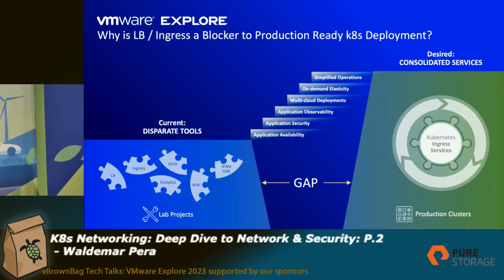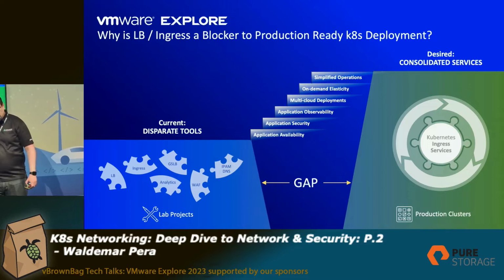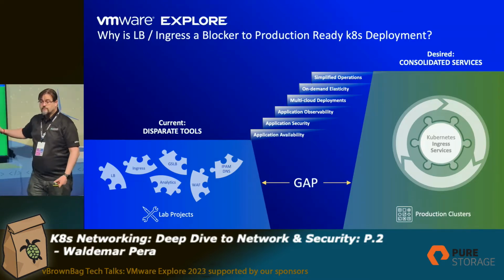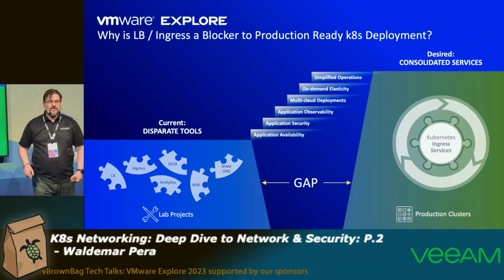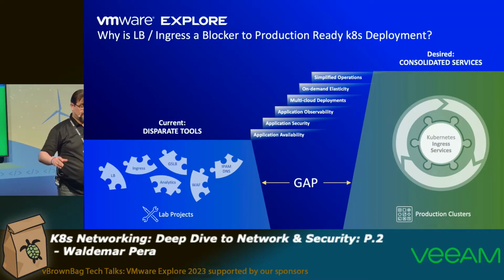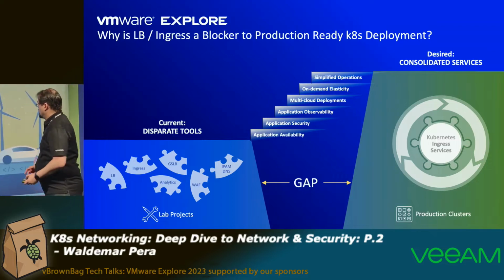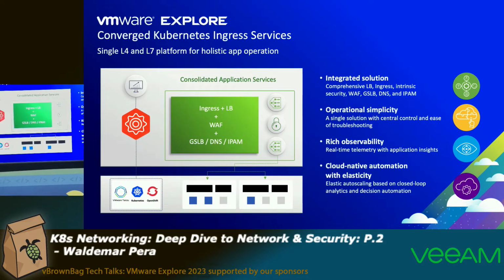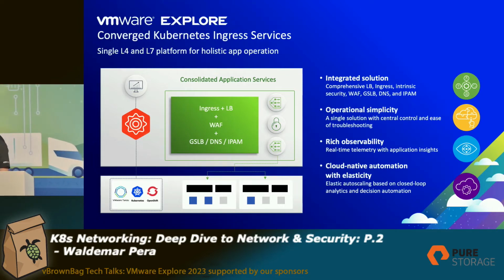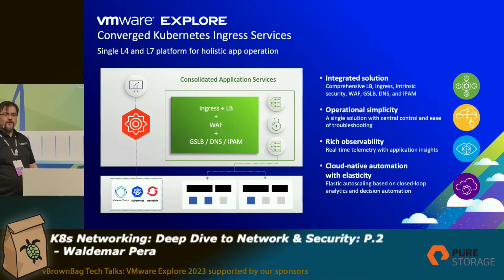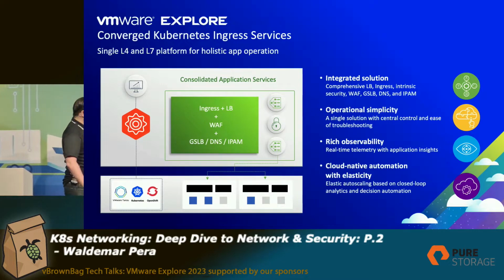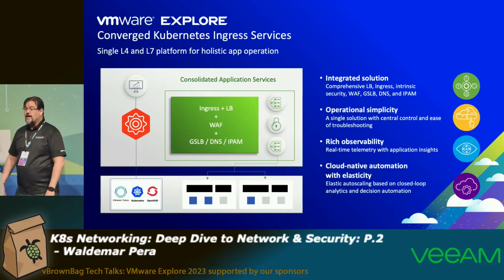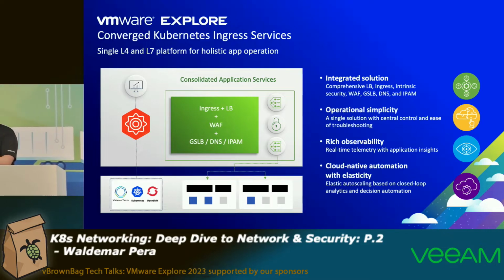So the idea for us is taking these concepts into a single enterprise-grade solution. That is the idea inside NSX Advanced Load Balancer, formerly, or more familiarly, known as AVI. It's an ingress, a layer 7 and layer 4 load balancer.